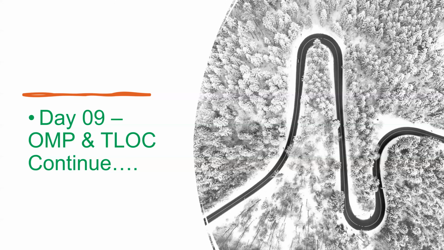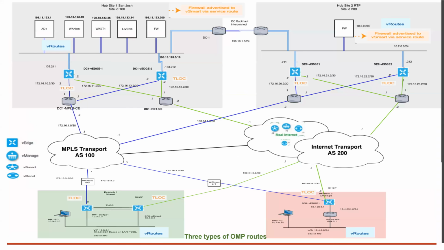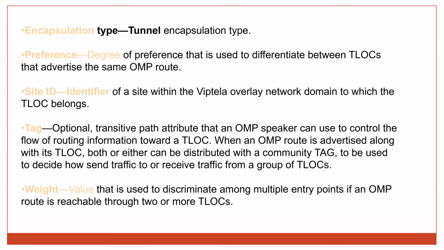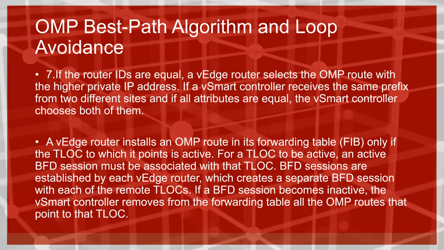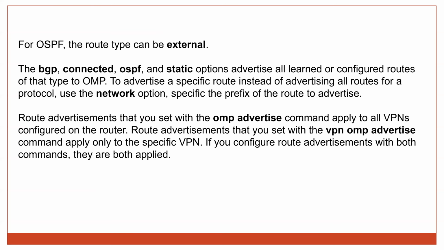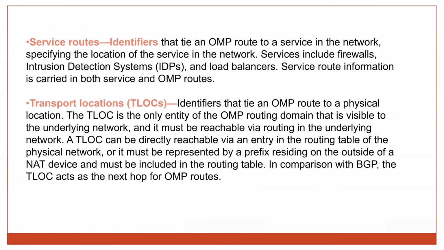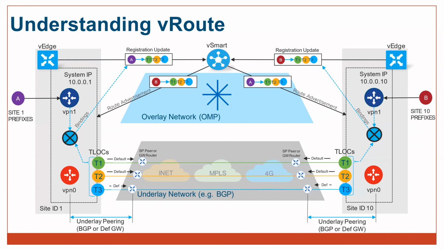We have about 25 slides for OMP and TLOC. So don't worry. At the moment, I just wanted you to understand the concept behind the scenes of what is happening.